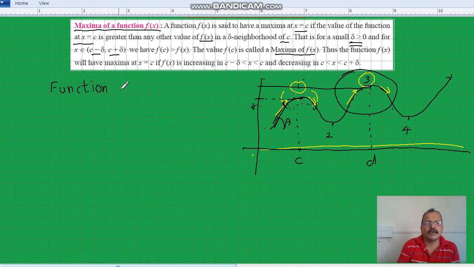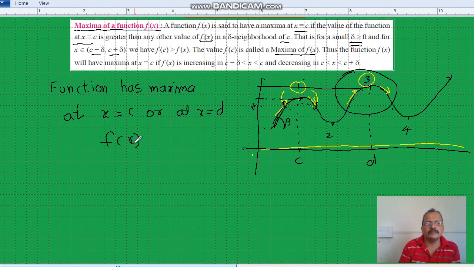The function has maxima at x equal to c or at x equal to d. Observe here in this particular function, f(c) is smaller than f(d).